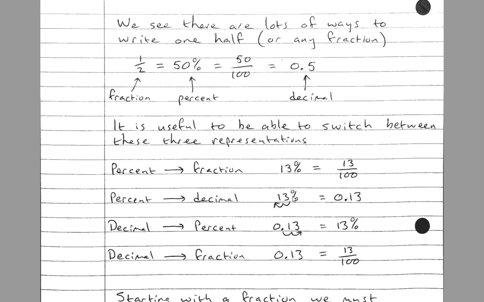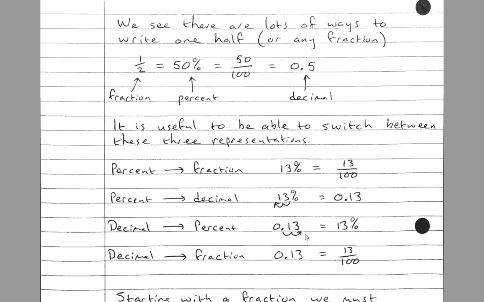Like in the scientific notation, converting percents to decimals, you're really just moving the decimal point. Decimals to percents, you're just going the other way. So to convert 0.13, this decimal, to a percent, you have to go backwards.